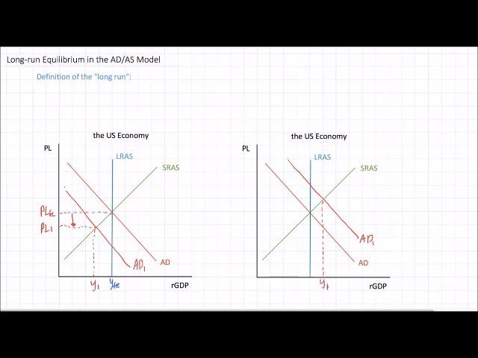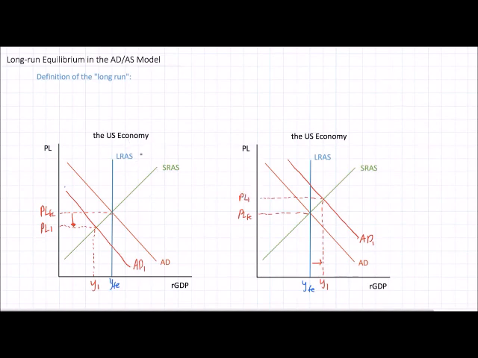So output increases from our full employment level of output of YFE to our new equilibrium level of output of Y1. Additionally, there is demand-pull inflation, which we defined in our last video on aggregate demand and aggregate supply shocks, as the equilibrium price level in the economy goes from PLFE to PL1.